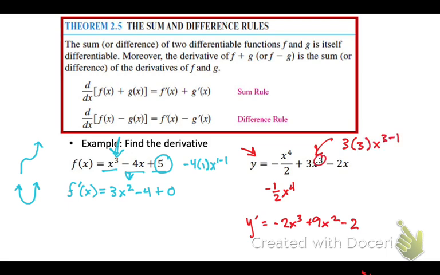This 3 has to be multiplied, because the rule is a constant times x to the n is the constant times n times x to the n minus 1. I understand it now, I think.